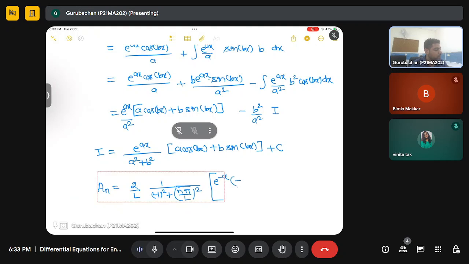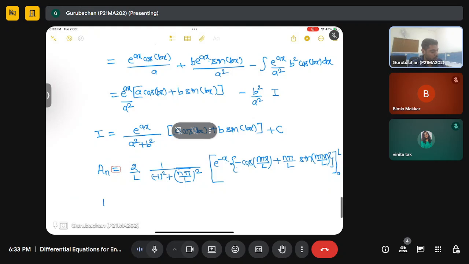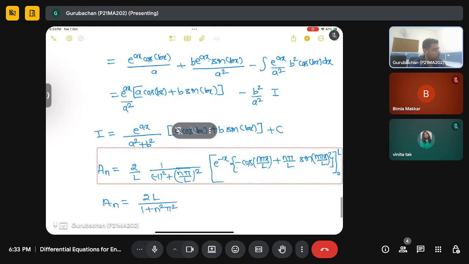Inside it will be minus cos n pi x by L plus n pi by L sin n pi x by L, from 0 to L. So from here you will get 2L divided by 1 plus n square pi square.